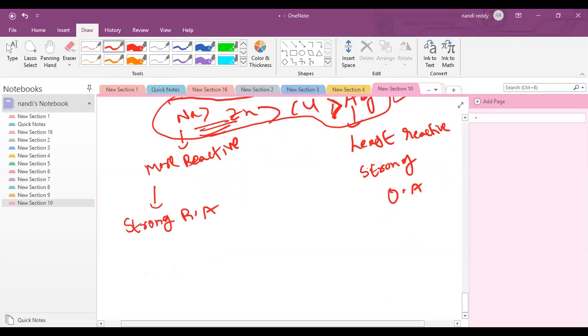They mention the reactivity order: zinc, copper, Ag, with the more reactive ones first. Zinc is more reactive, next copper, next Ag. This is the metal activity series or electrochemical series. You can find the series at the end of this chapter.